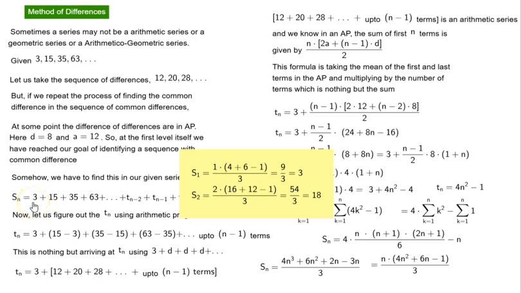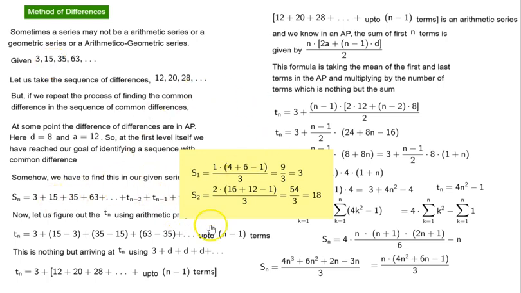Now, in case of the sum of the first two terms, we have S sub 2 equal to 2 times 2 square is 4, 4 times 4 is 16, plus 6 times 2 is 12, minus 1, divided by 3, which gives us 16 plus 12 is 28, minus 1 is 27. 27 times 2 is 54, divided by 3, which is 18. And 15 plus 3 is 18.